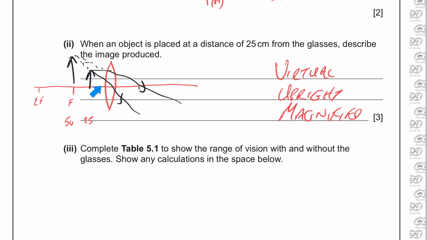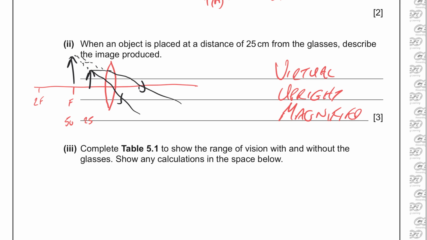Now this triangle and this triangle are similar triangles. So if this is halfway and this is twice that distance, then we're going to be at F here. So the thing the person can see as a close object is actually 50 centimeters away, but the glasses allow them to bring the object to 25.